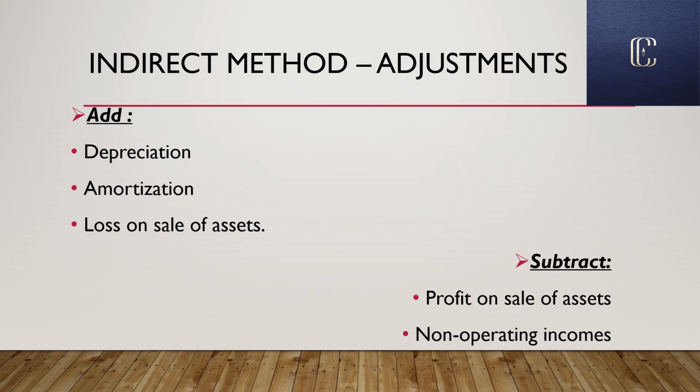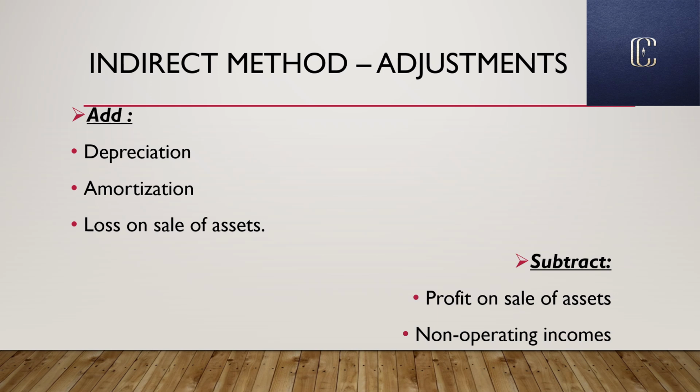Third one is loss on asset sale. Add back, because the loss already reduced profit. Fourth one is profit on asset sale. That is subtracted, because the income is not operational. And non-operating income, once again, is subtracted because it is not business operations.